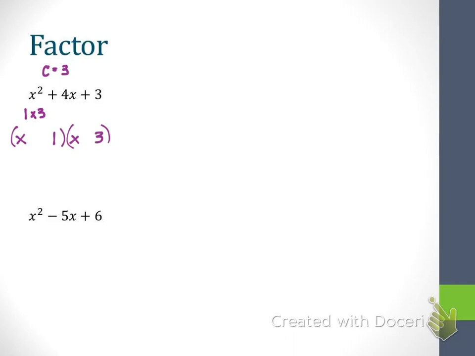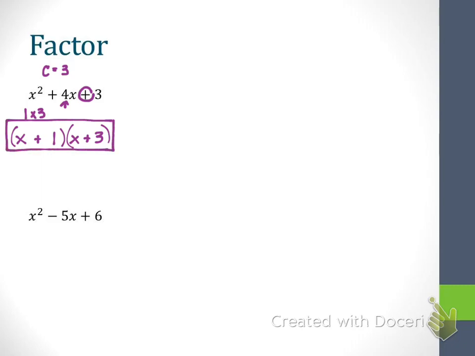Now I've got to figure out my signs. So I look back. I know that 3 is positive, so they have to add together to give me 4. Okay? And is 4 positive or negative? Positive. So these both have to be a plus sign. Okay? This is my final answer.